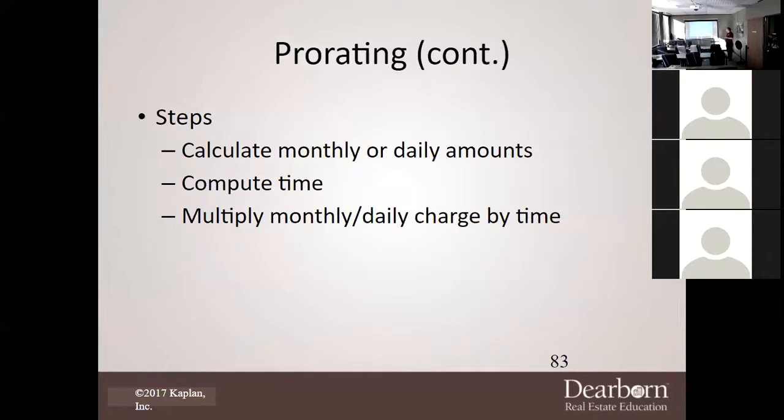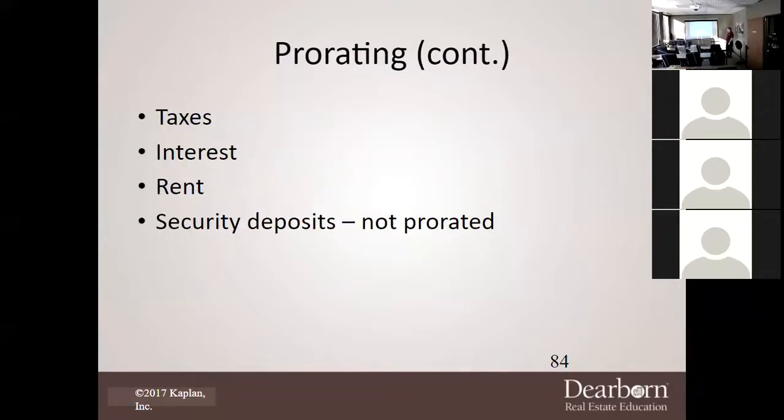Okay. Again, we've talked about this before, about steps of prorating. Again, it's to calculate the monthly and daily amounts as well as computing time. Multiply the monthly by the daily charge by the time. So you take the monthly amount, divide it by how many ever, multiply it by the daily charge, and you get your normal prorated amount.